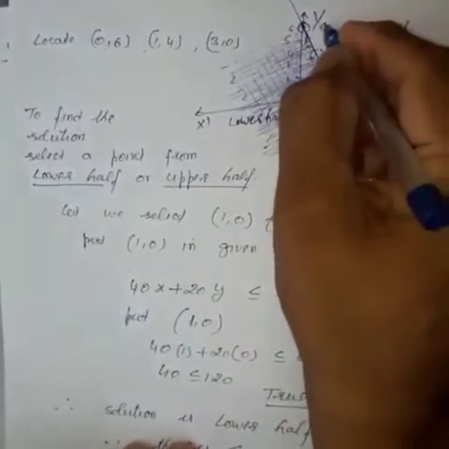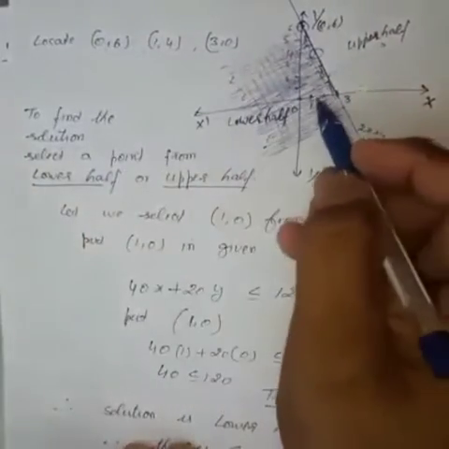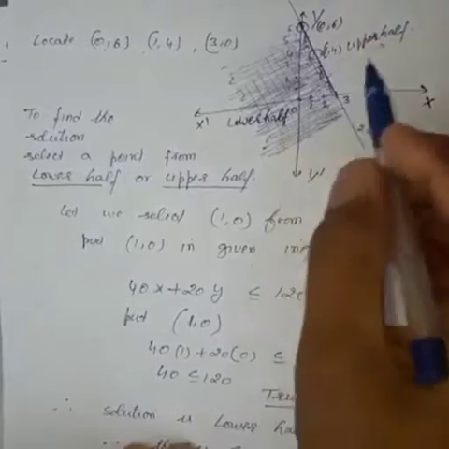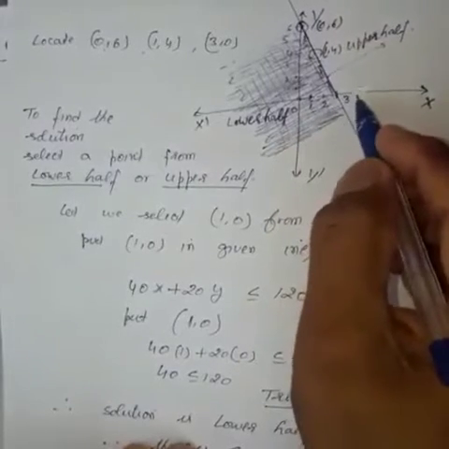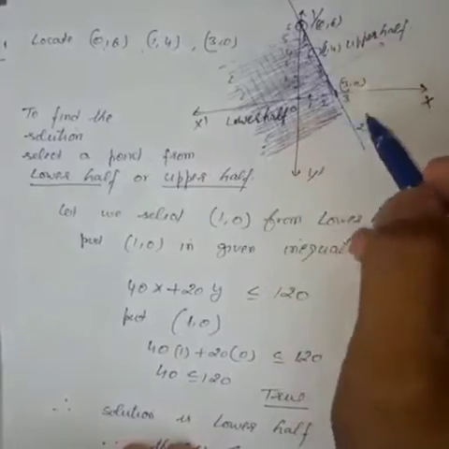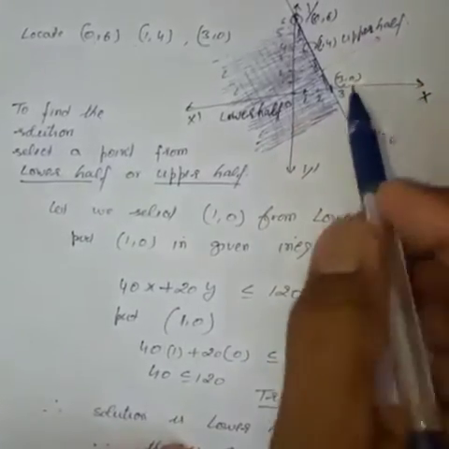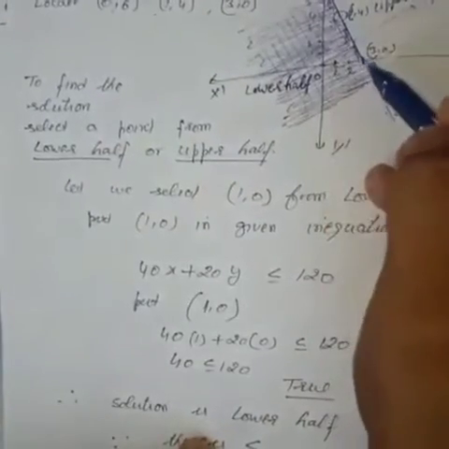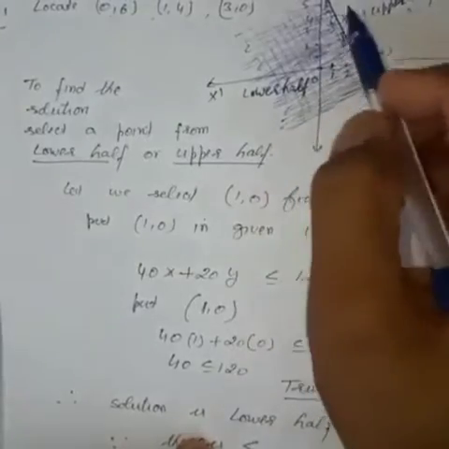We can write the coordinates, this is (0, 6). Then the second point x is 1, y is 4, this is the point (1, 4), and this is the point (3, 0). You join these 3 points with the help of a scale. If you are able to join the points with the help of a scale, it means the graph is correct. If you are not able to join with the help of a scale, it means there is some mistake while locating the points.